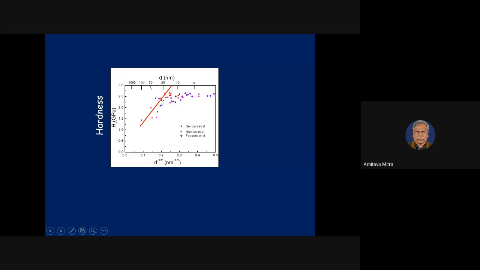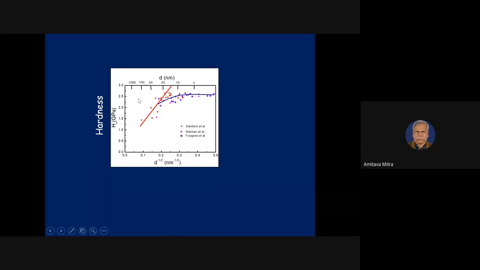So the Hall-Petch equation that we have seen is not true for the entire range of grain size; after a critical diameter related to that particular material, it tries to saturate, and we cannot get more hardness. So the Hall-Petch equation is not valid for the entire range of the grain size.